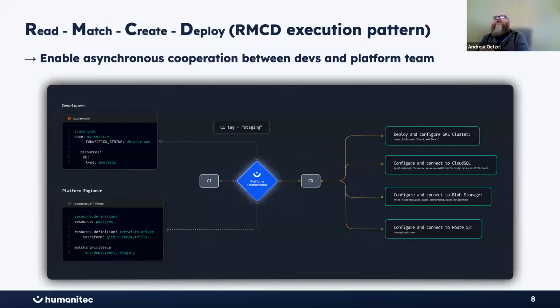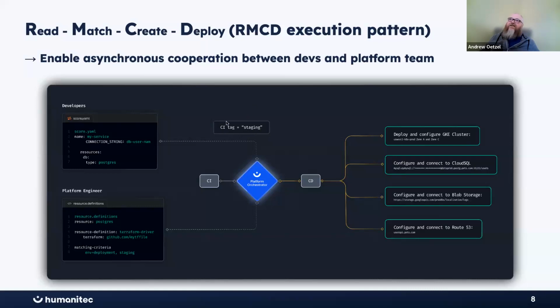We call this process read, match, create, deploy, RMCD. And so the idea here is your CI system is going to provide the score file and the updated container image. So Humanitec is going to read the score file. Then, based on the rules that your platform team has set up, it's going to match resources based on the context here.